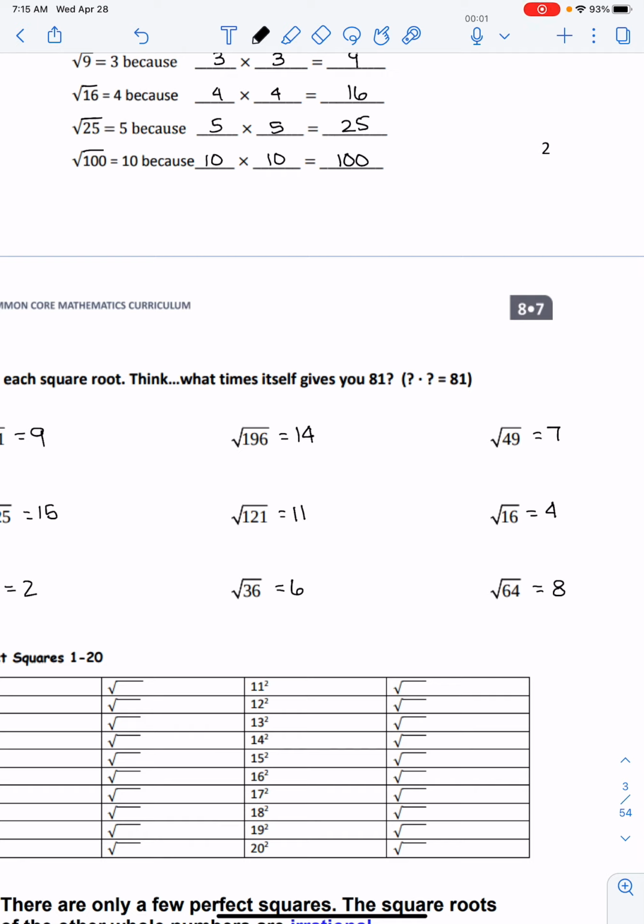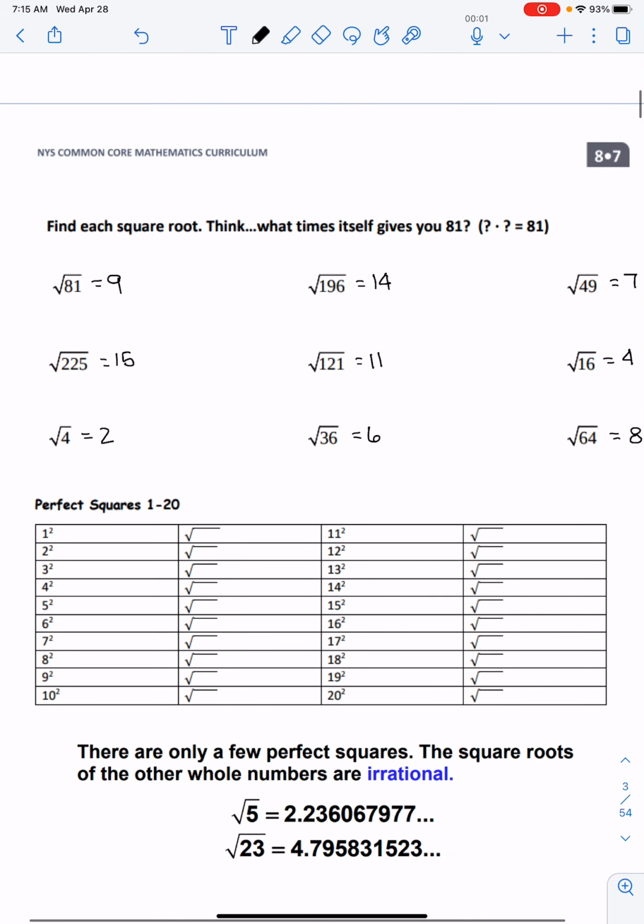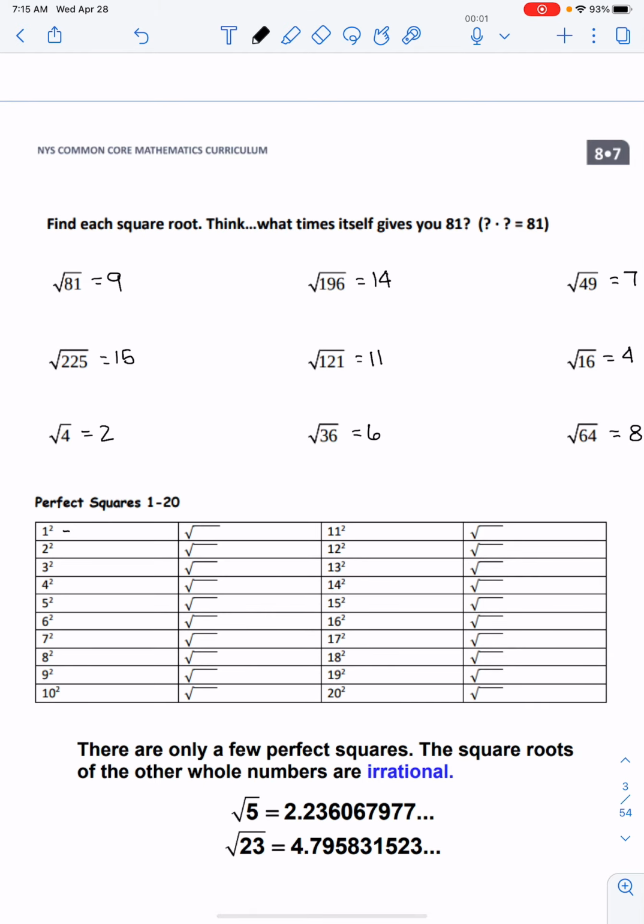Now, the next thing that we're going to look at is the perfect square roots and the perfect squares for 1 through 20. Here, we are going to use our calculators, and that way we can just write them out. Therefore, the square of 1 is 1, so the square root of 1 is 1. 2 squared is 4.